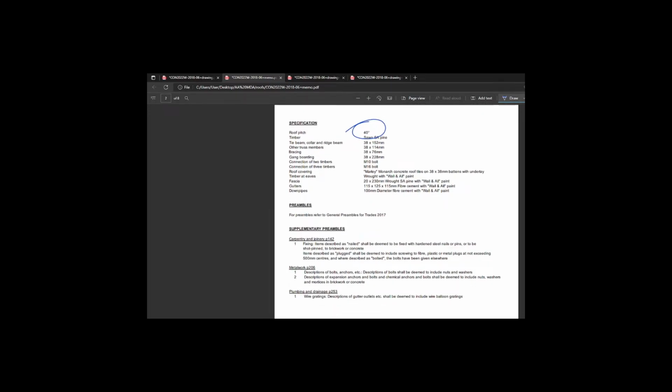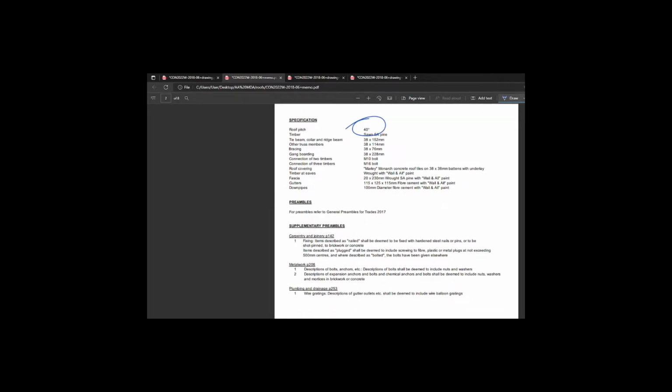If it's given, it's not. No. Okay, so what you've essentially calculated is the span from one truss to the other, and since it's actually inside to inside, it is 803. So if you wanted to calculate center to center, it would actually be possible. The inside of your trusses is 803, and you know that the timber used in your trusses is 38 by 152 for your tie beam.